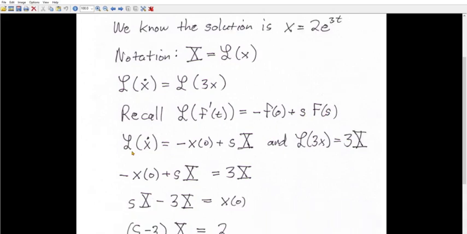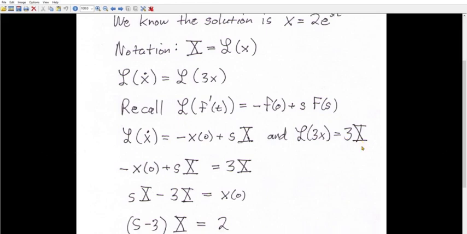Applying that to x dot, we get minus x of 0 plus s times cap X. When we transform the right-hand side, linearity gives us that the Laplace transform of 3x is 3 times the Laplace transform of x.